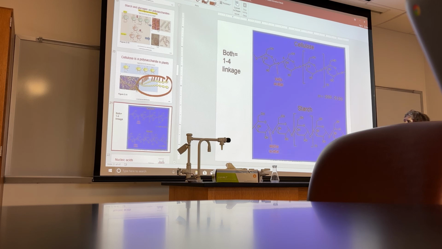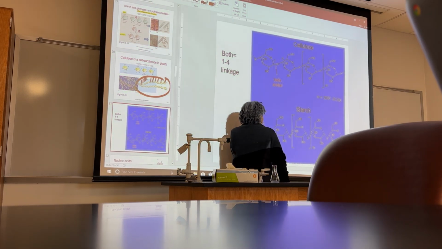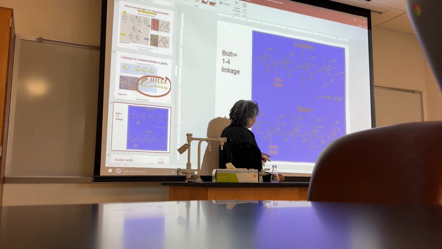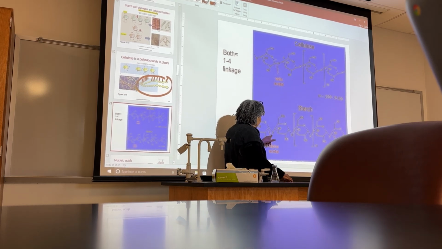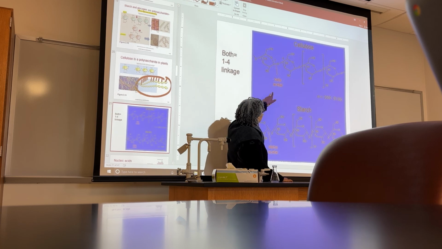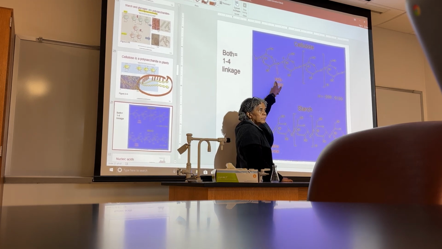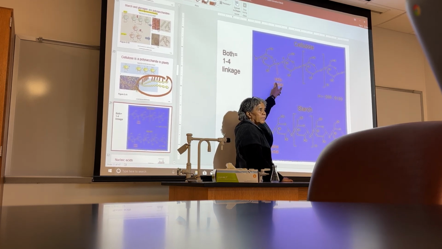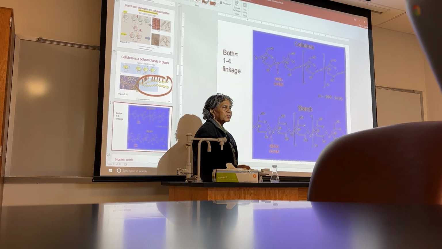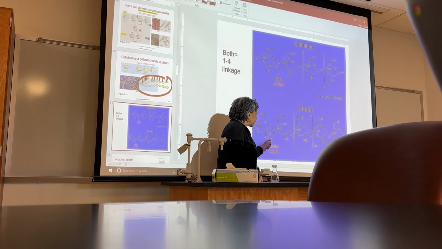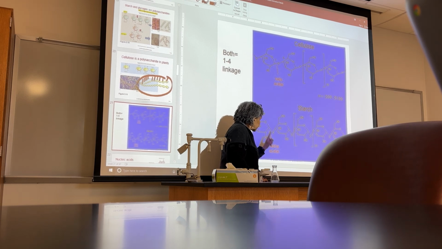I told you that the only difference between cellulose and starch is the orientation of this linkage right here. For starch, it's an alpha. Alpha just means in this configuration, going downward, cellulose, upward. Are you with me? And that has to do with where the electrons are when this bonding interaction happens. But all you have to know is the difference between cellulose and starch is this.